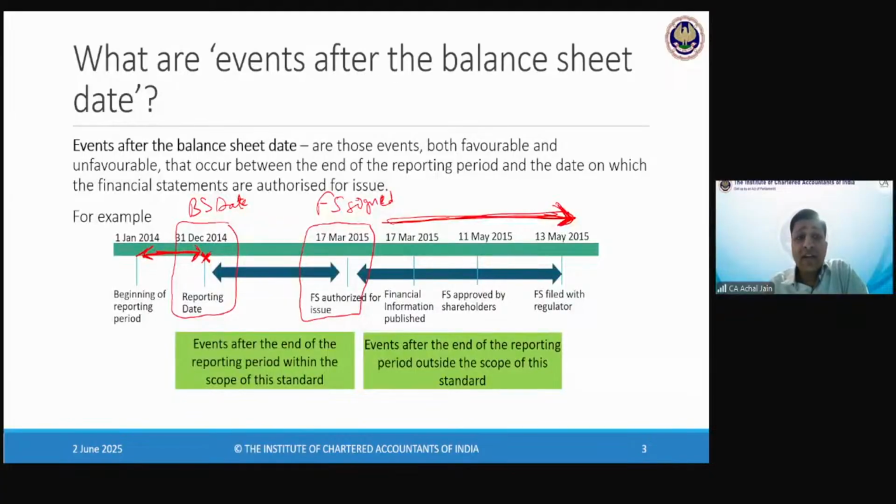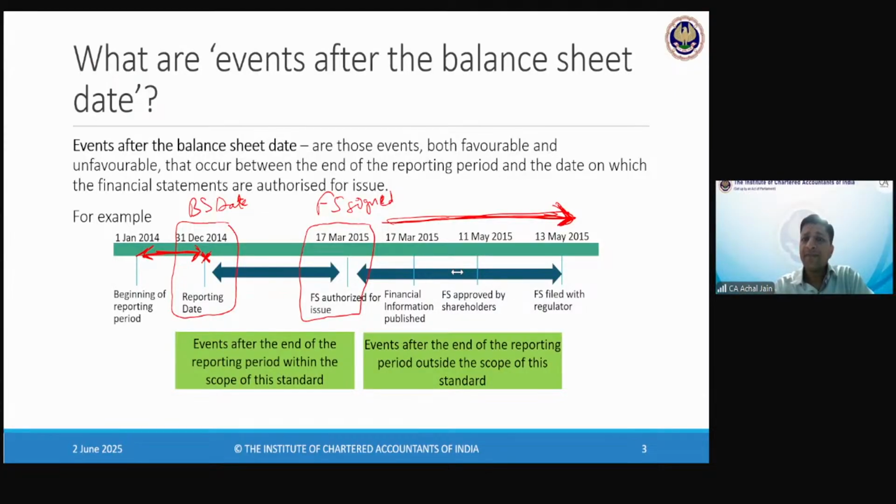And how is that relevant at all for our reporting year? So in this case, what is the reporting year for the company? Can you tell me what is the reporting year? In this case, what is our reporting year?